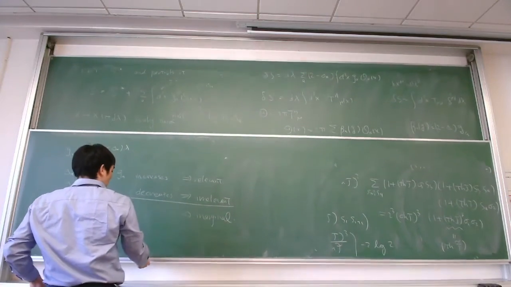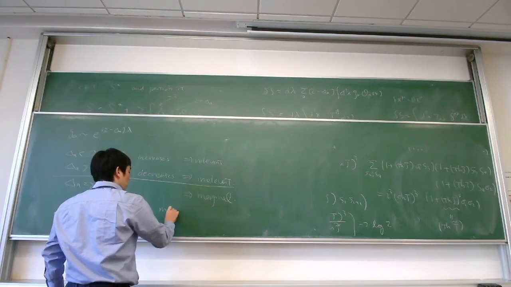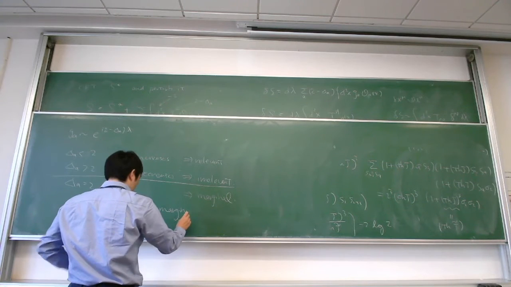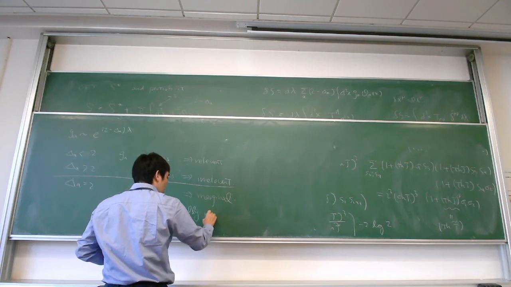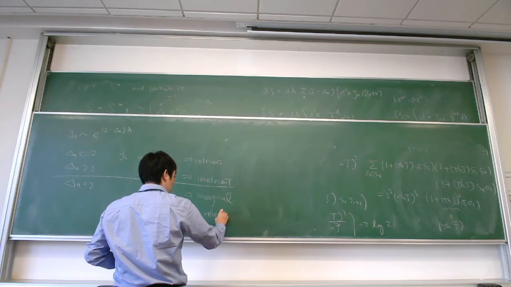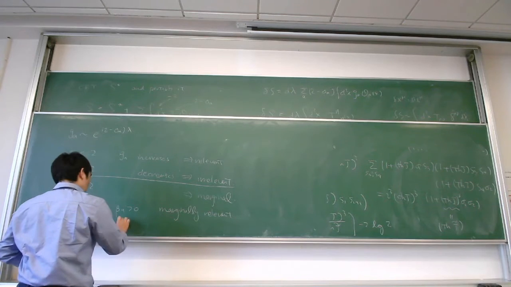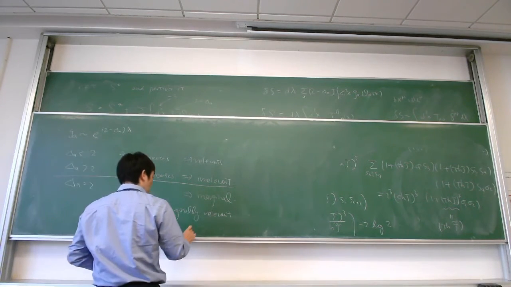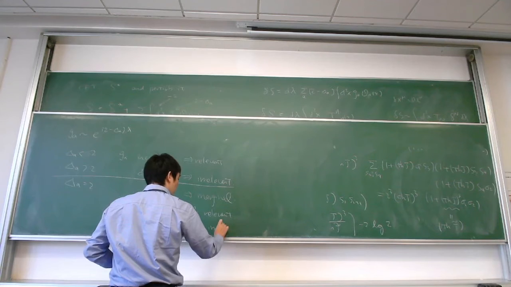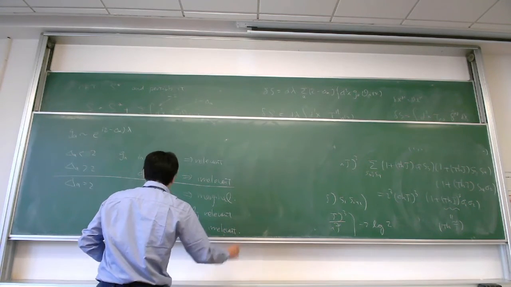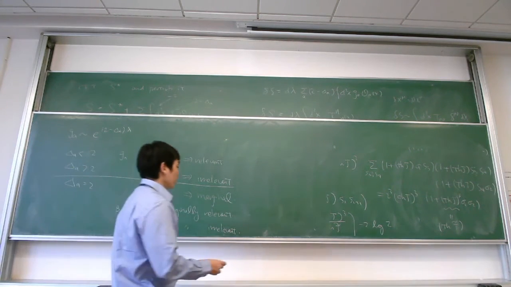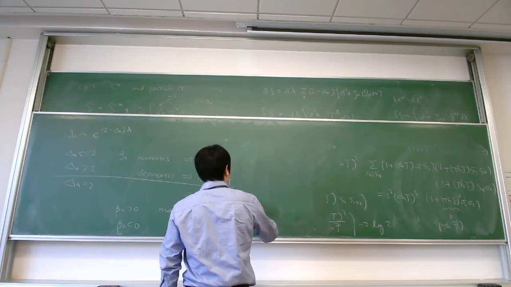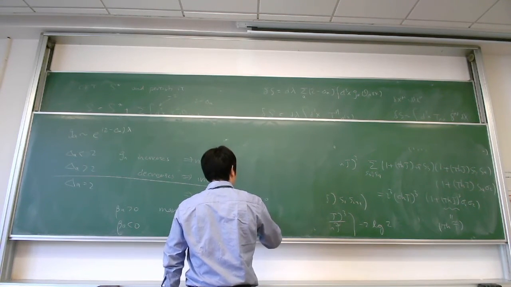So this is called marginally relevant. And in the other case, it's called marginally irrelevant. And of course, when beta equals 0, it means exactly marginal.